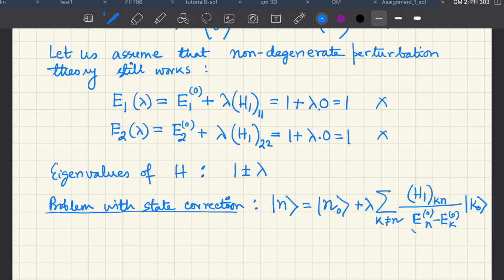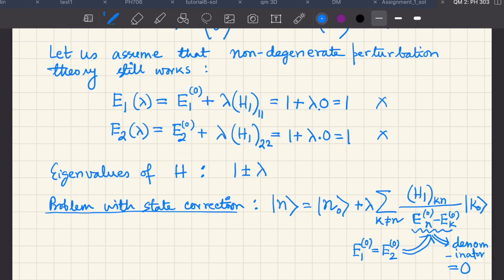And immediately, because this E10 is equal to E20, these two are the same, this implies that the denominator is 0 and therefore we will be in trouble.